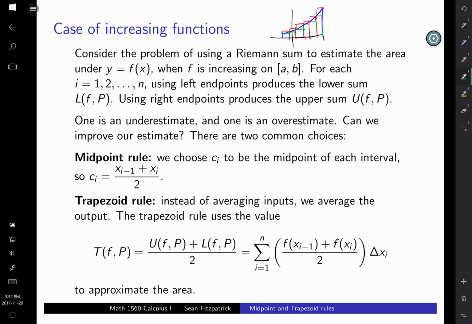And so there are two techniques that you can use to mitigate this problem, since using either left or right endpoints is kind of giving you the worst possible estimate. One of the ways to improve the estimate is to say, well, the problem is being caused by the fact that our function is increasing, and going on the far left or the far right of each interval is kind of the worst case scenario, so why don't we go right in the middle?